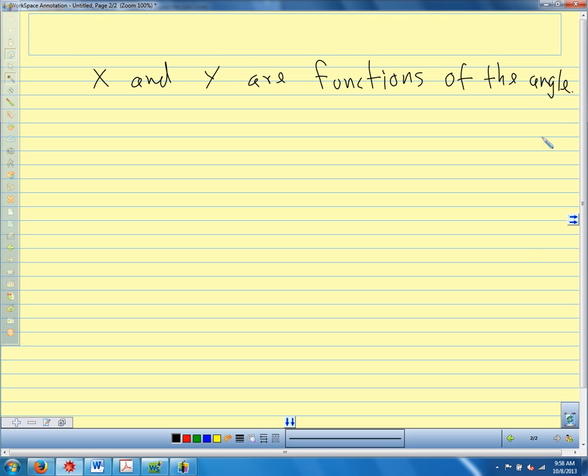And we give those functions special names. x is the cosine of the angle, and y is the sine of the angle.